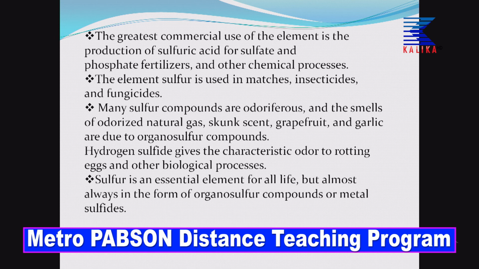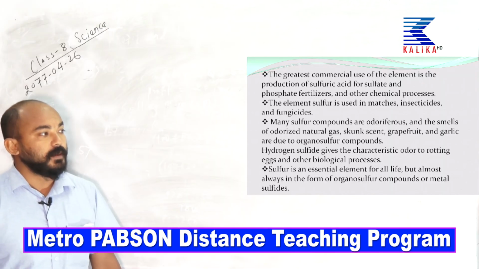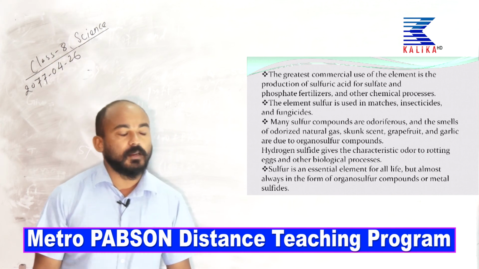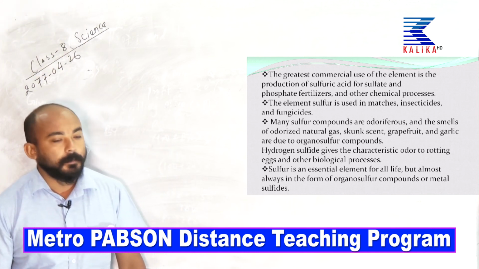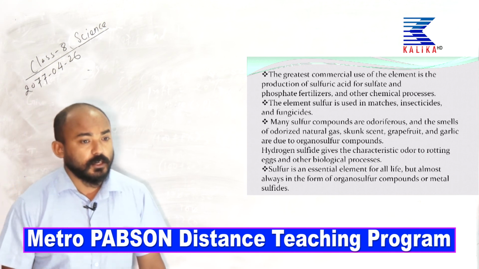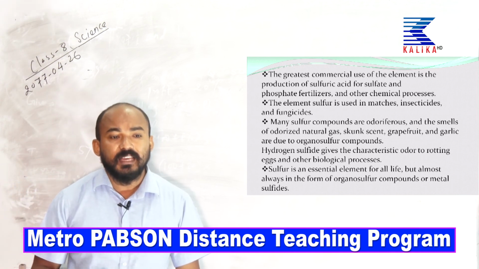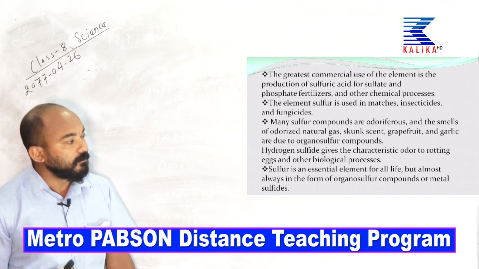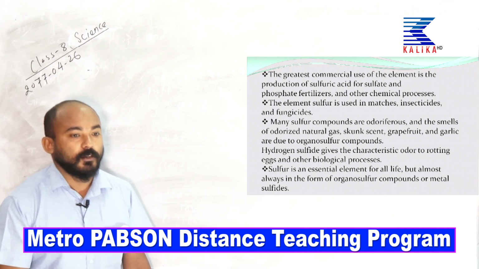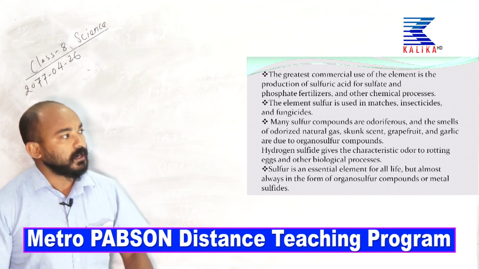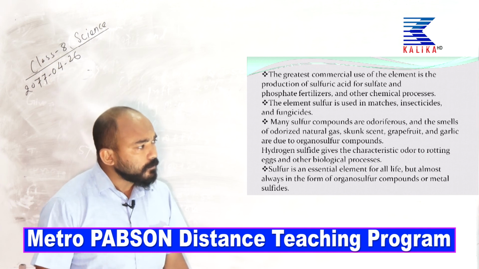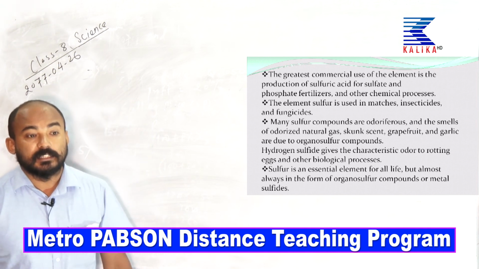and it is also produced in other biological processes. Sulfur is an essential element for all life, but almost always in the form of organosulfur compounds or metal sulfides. Sulfur in our daily life is mainly used in making the matchstick, in phosphate fertilizers and in other chemical processes. Sulfur can be distinguished by its smell.